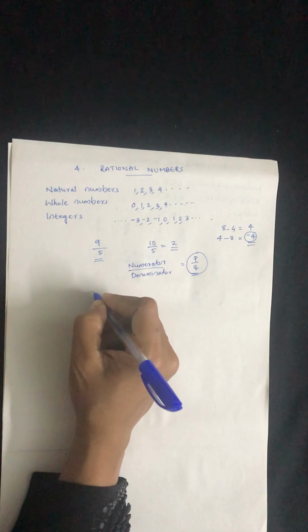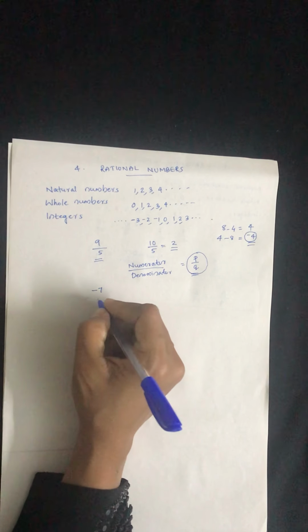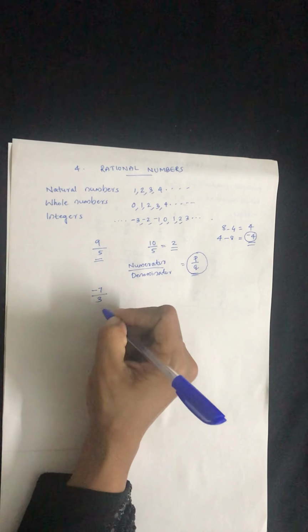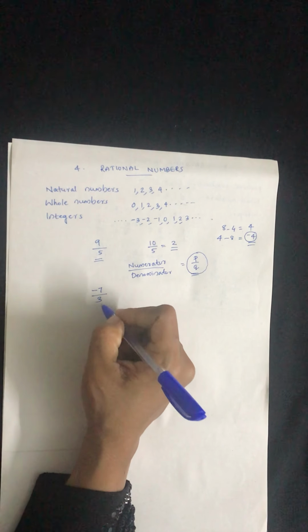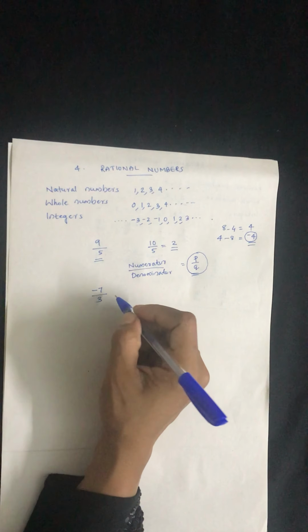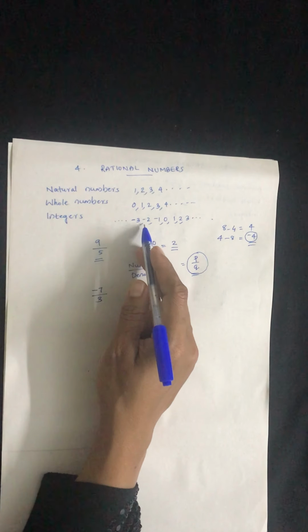Now if you take integers, when we divide an integer, we took -7 and another integer 3, so -7 divided by 3, -7 by 3. What will be its answer? Its answer also will not be in the set of integers.